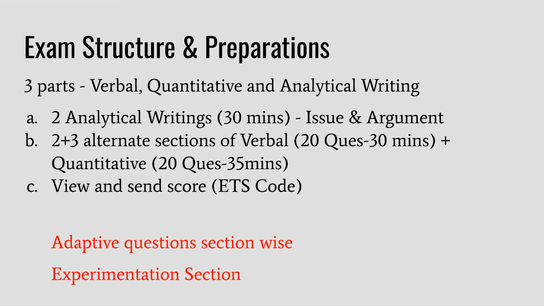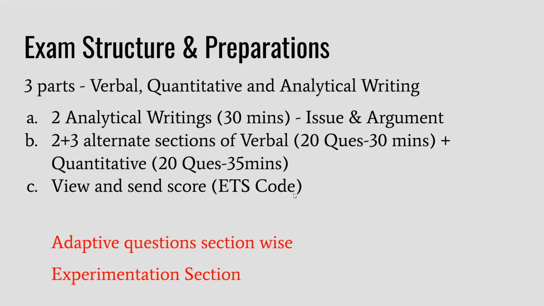If different departments need different scores sent to them, then you need to send scores individually, and they are counted as one recipient each. So you can send free scores to 4 recipients, and you need to remember the ETS code for those departments or universities.